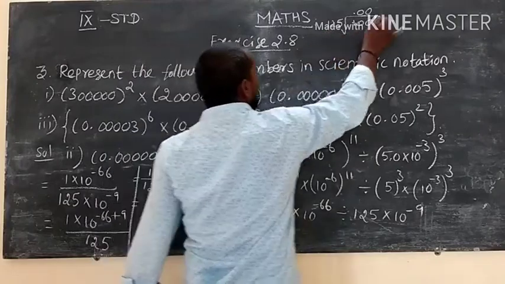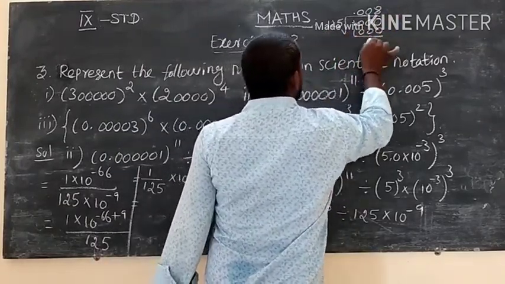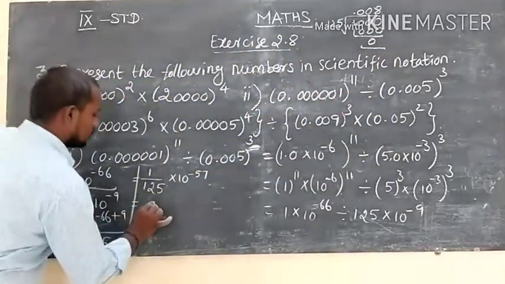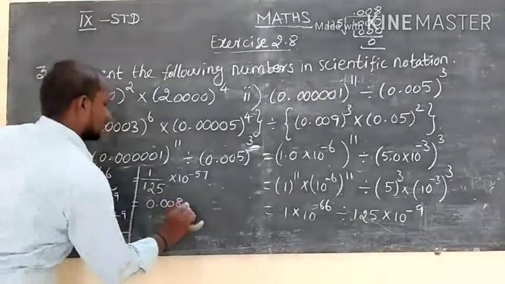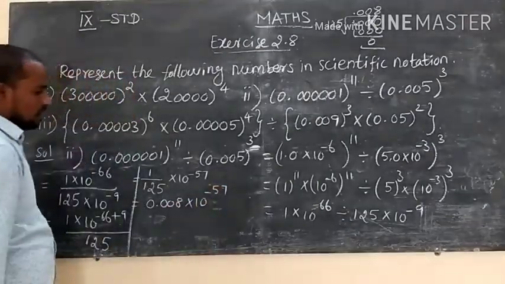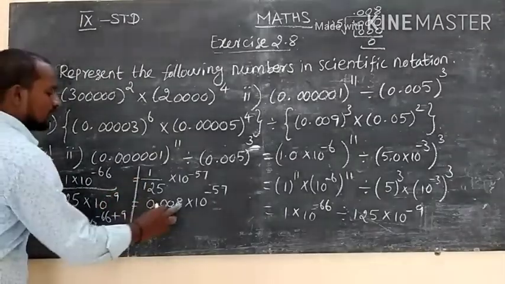So 8 times 125 is 1000. So 1 divided by 125 we get 0.008 into 10 power minus 57. I understood. So 1 divided by 125 gives this answer.